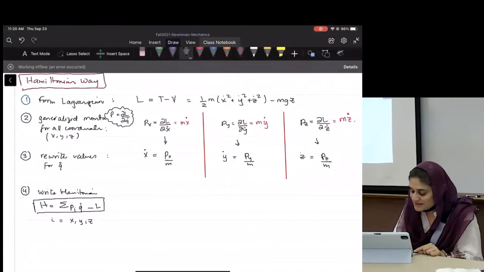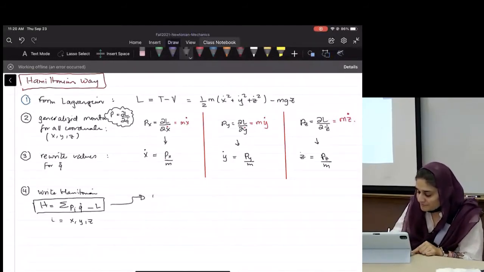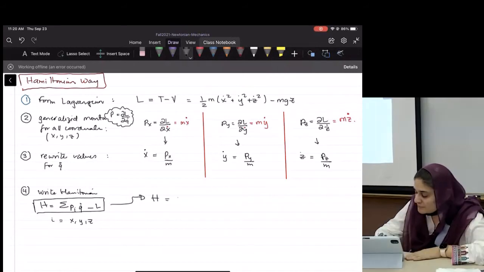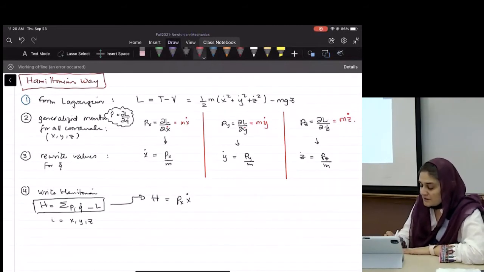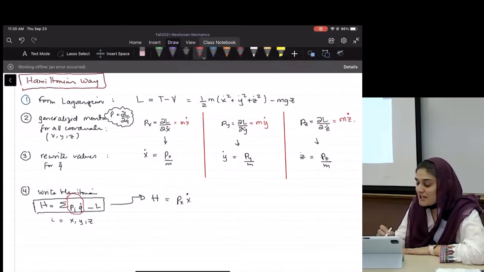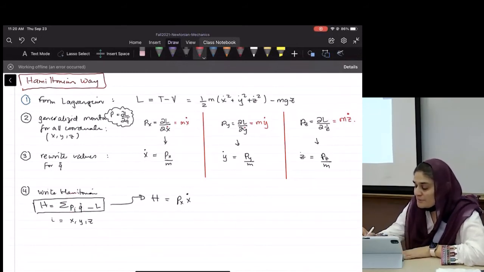Okay, so this means I have to rewrite this again. So it will become H equals Px x dot. Is that the first one from here? Yes? And now I have to sum over the other ones. So what will be my next one?